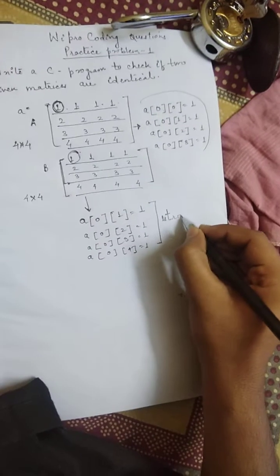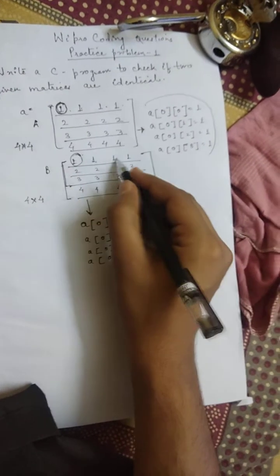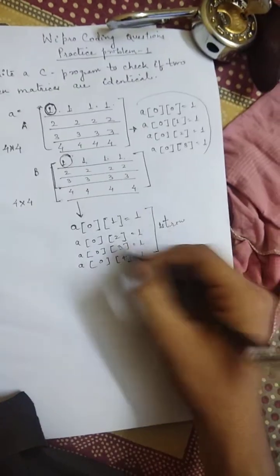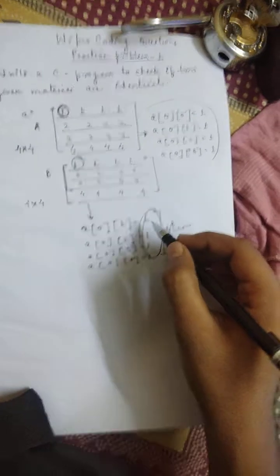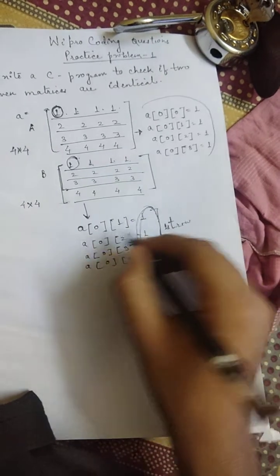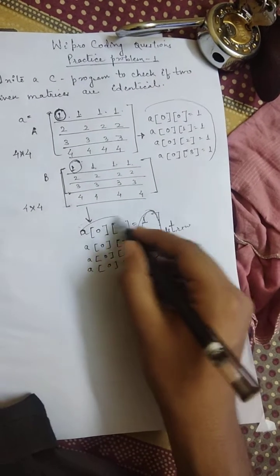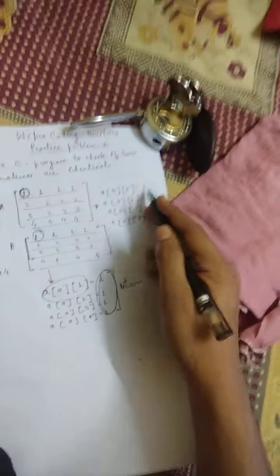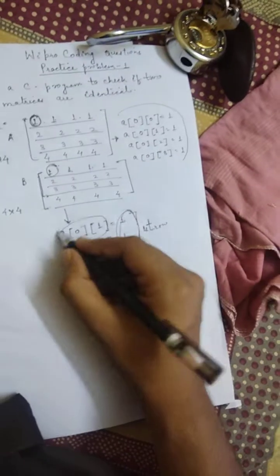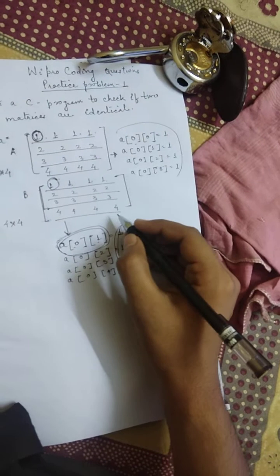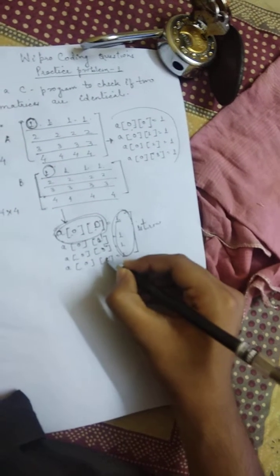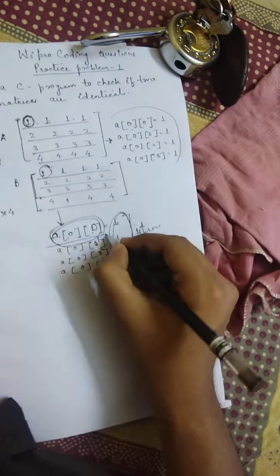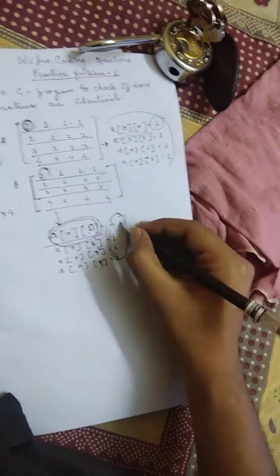These are the values that come from this location. If you compare A 0 1 here with the corresponding element in B, the value is the same.